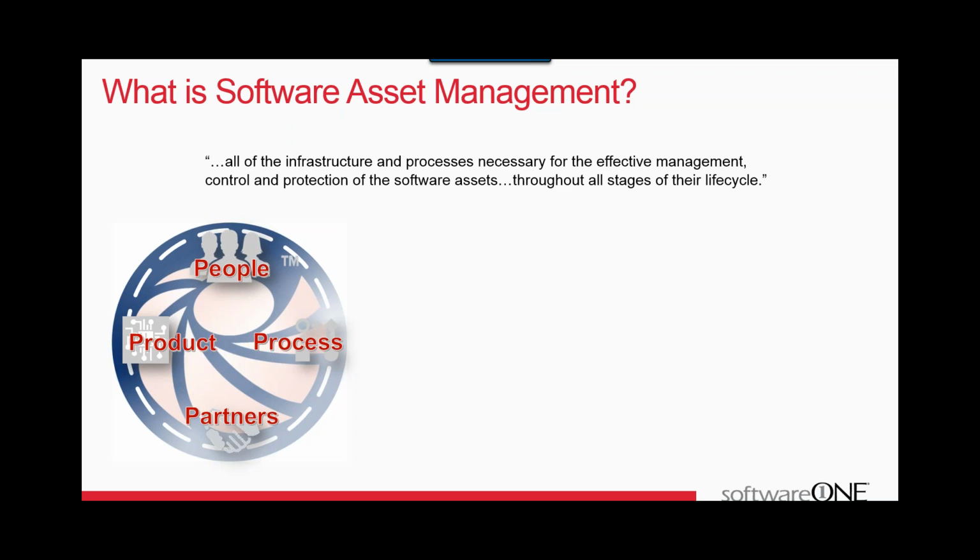And the final area is the partners, and this includes your vendors through to your subject matter experts and the consultants that you bring in for some support. The key here is to work out where partners can be utilized to drive extra efficiency, and where you can really pull in your subject matter experts from your partners to help you in areas that you don't necessarily have the strength in, or where it would be inefficient to do so within your business.